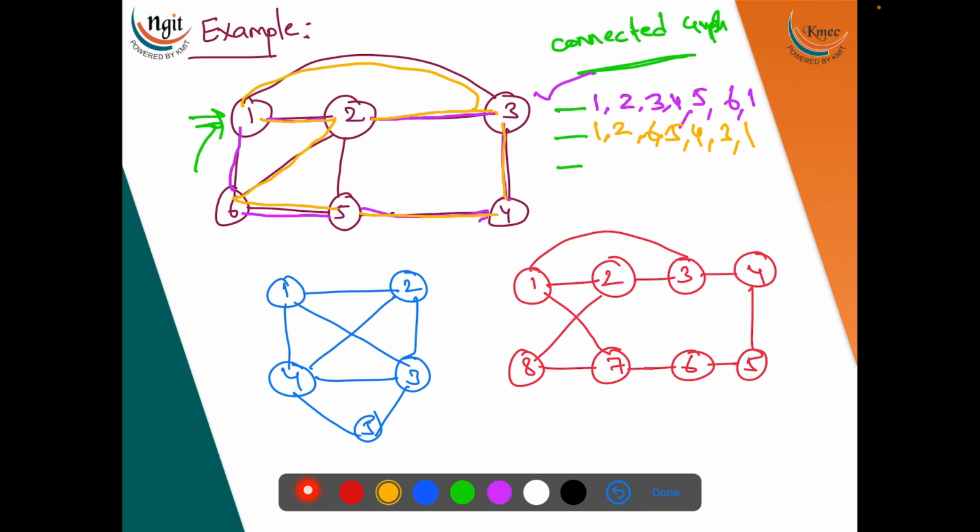And is there any other way? 1, 2, 6, 2, 5, 4, 3, 1. This is also one. So, there are many Hamiltonian cycles from this graph. Now, we'll see the other also. From 2 I am starting: 2 to 3, 3 to 4, 4 to 5, 5 to 6, 6 to 1, 1 to 2.